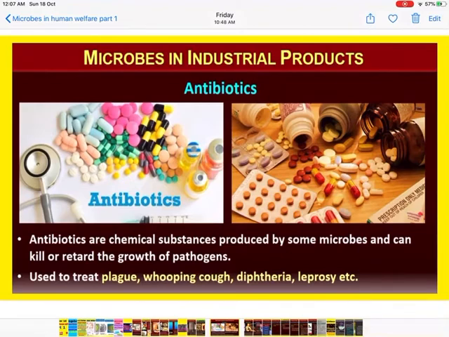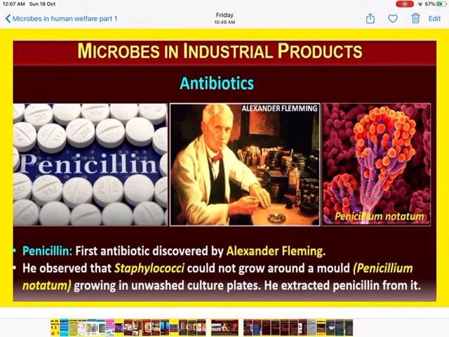These antibiotics are used to treat plague, whooping cough, diphtheria, leprosy, etc. The first antibiotic was discovered by Alexander Fleming and it was penicillin.